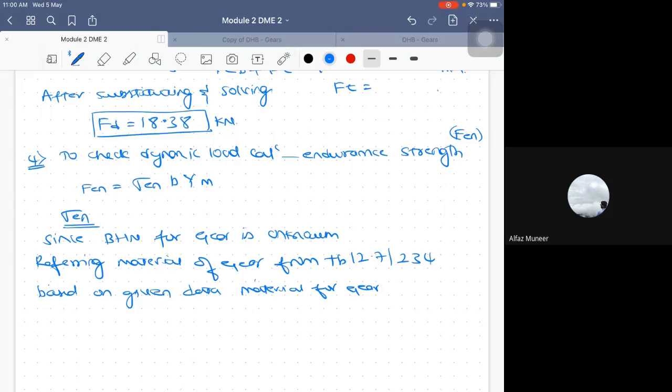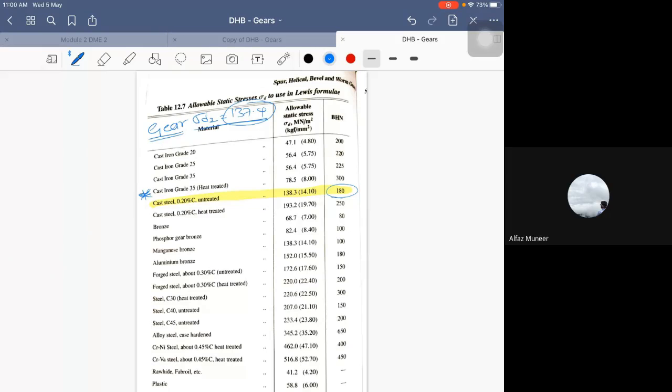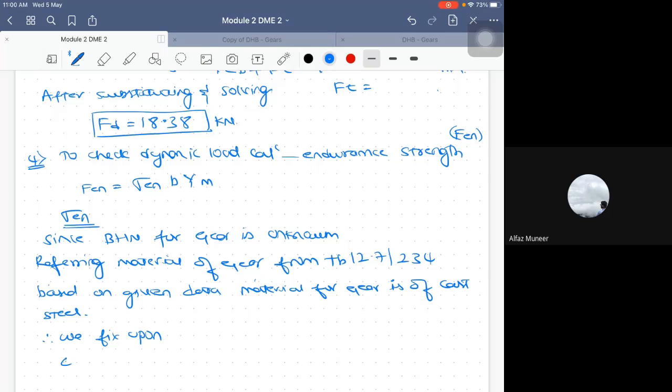Material for gear is of cast steel. Therefore, we fix upon cast steel 0.2% carbon, untreated.